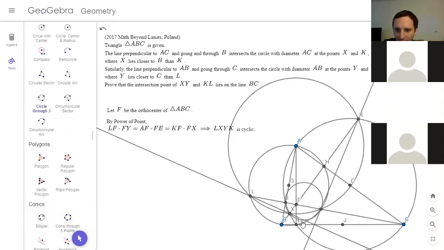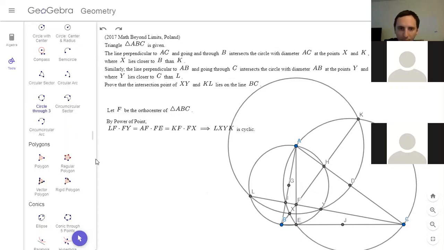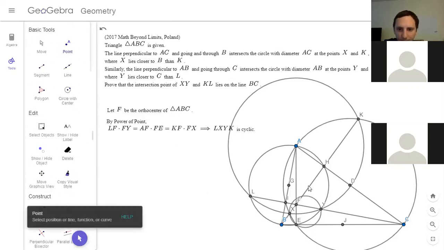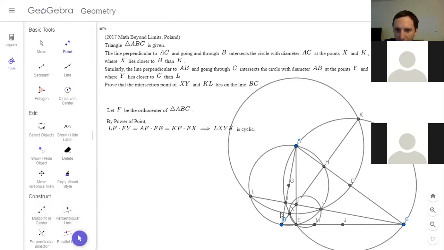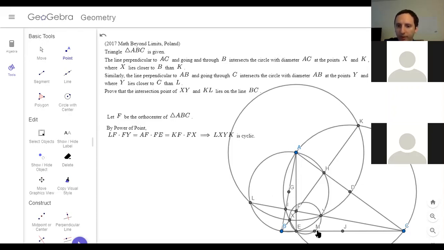So yeah, basically draw the circumcircle of XEY and let it meet BC at a point. And then we could show that that point is collinear with X and L. But we need to show that L, X, and M are collinear and K, Y, and M are collinear, right?